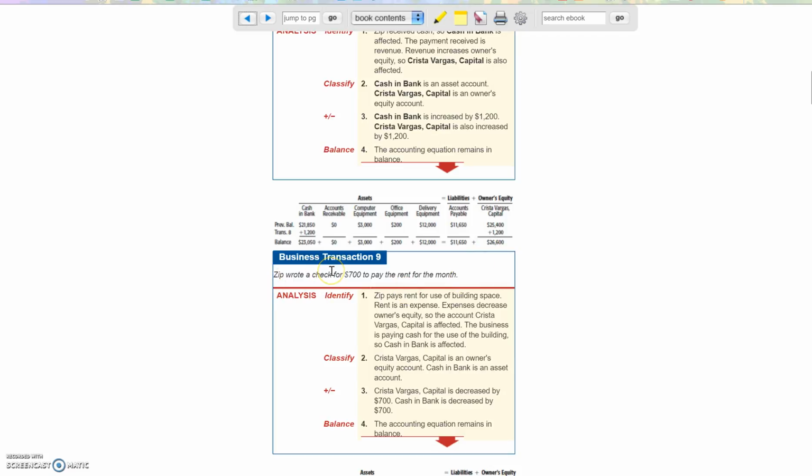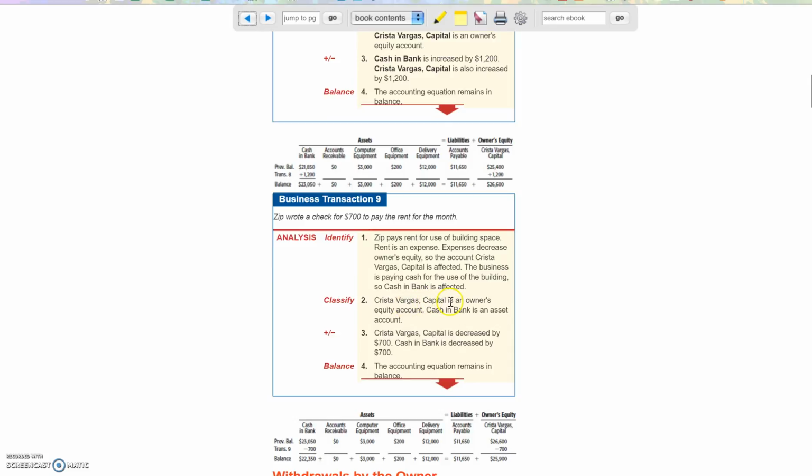The next one, transaction 9, is a transaction that involves an expense. So Zip wrote a check for $700 to pay for rent for the month. If we wrote a check, check is equal to cash, so cash is going to be affected. And then expenses decrease owner's equity or capital, so the capital account is going to be affected.